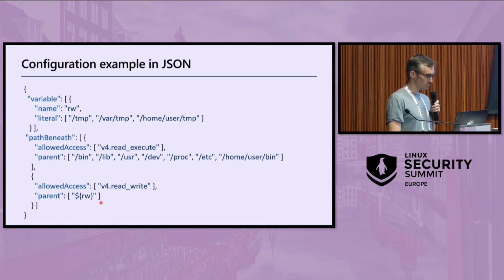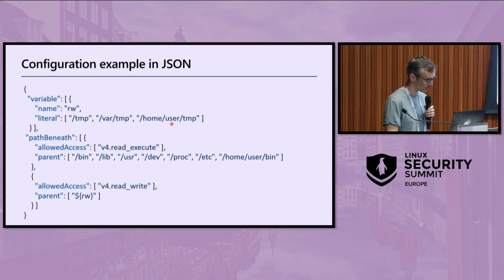It's pretty simple, but in this case, it is really a raw string. So /home/user/tmp. There's no magic in this user. So that's hard-coded. It works for a user called user, but not for a user called John. That's why variables might be useful.